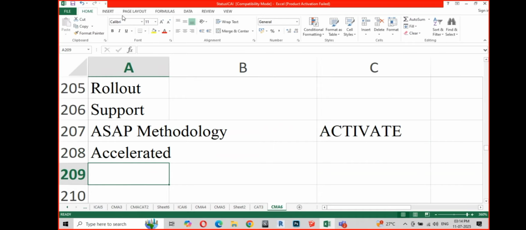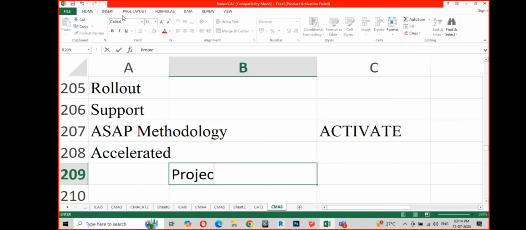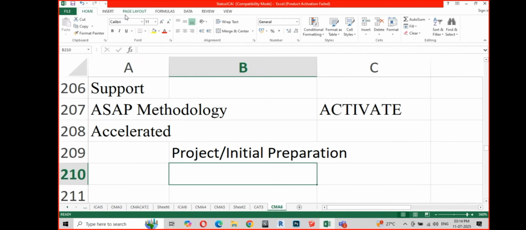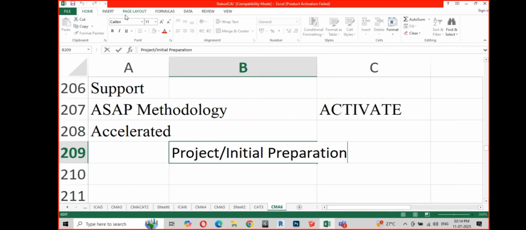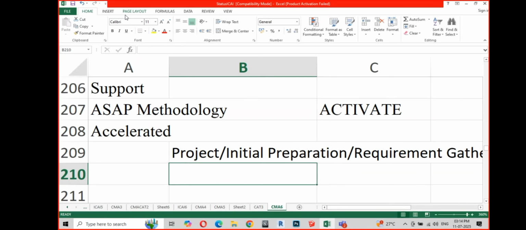Now, initial preparation or requirement gathering, by whatever name you want to call, you can call the first. Initial preparation phase, requirement gathering stage, by whatever name you can call it.